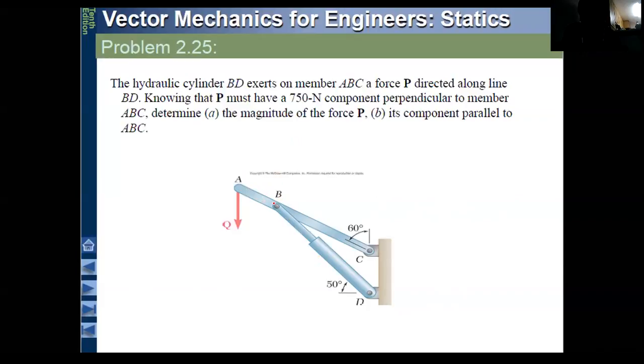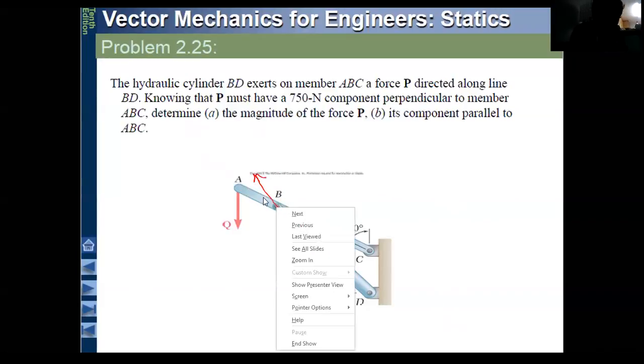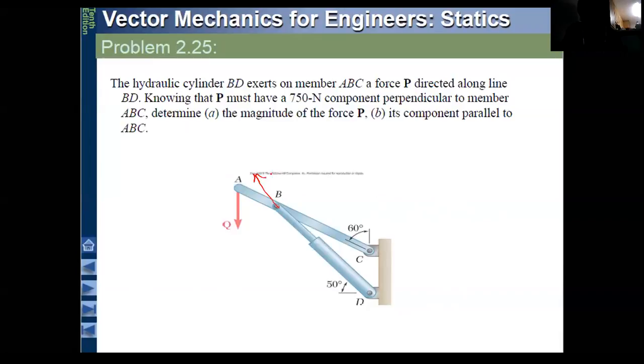Actually, I can show you the P vector. This is the force that the BD element is exerting on ABC. It says that it has a 750 Newton component perpendicular to member ABC.